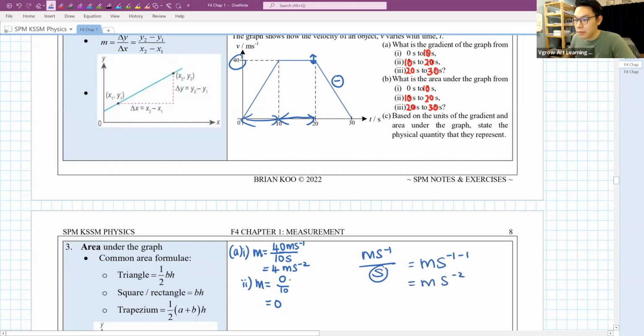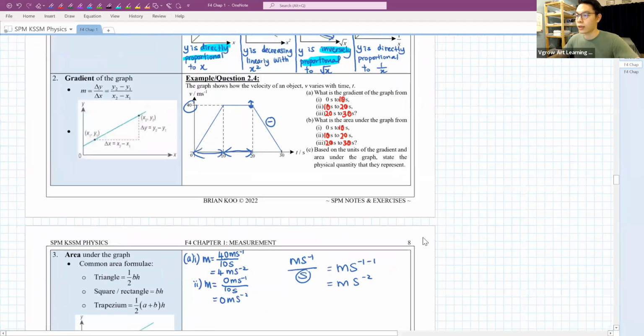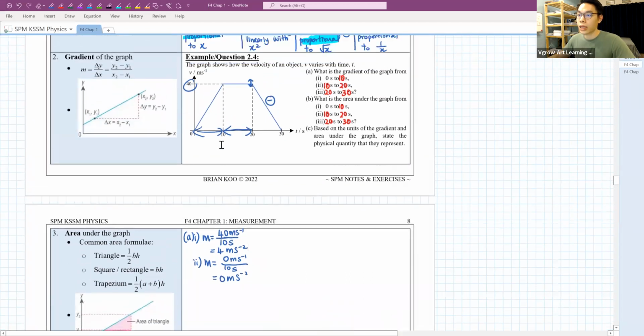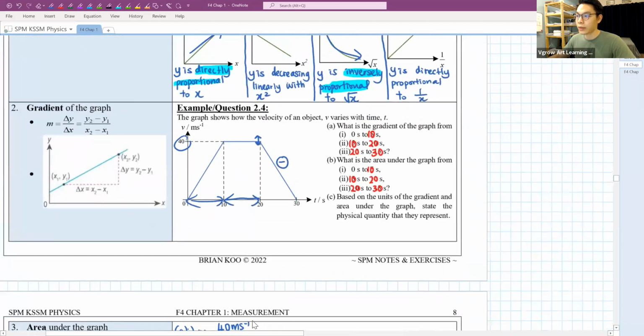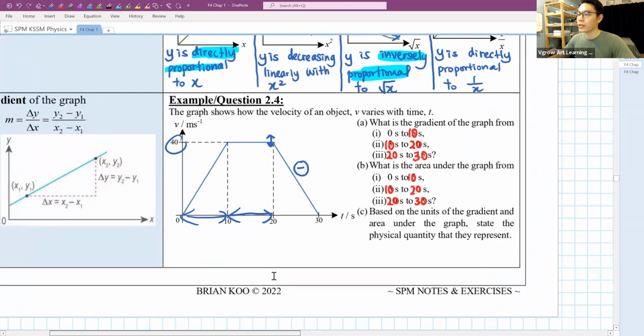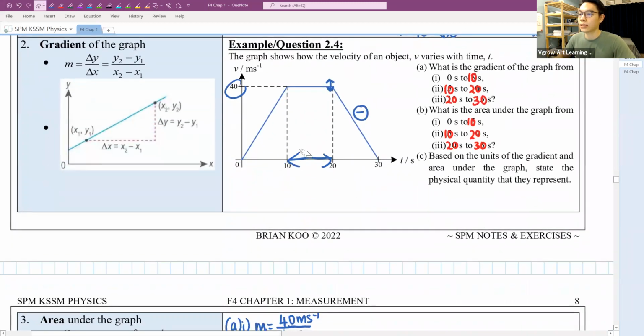Okay, this one also the same. 0 meter per second divided by 10 seconds. We have 0 meter per second squared. Okay, and then the last one, from 20 to 30 seconds.